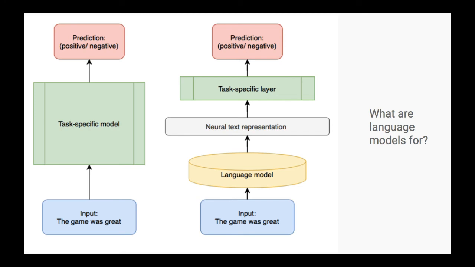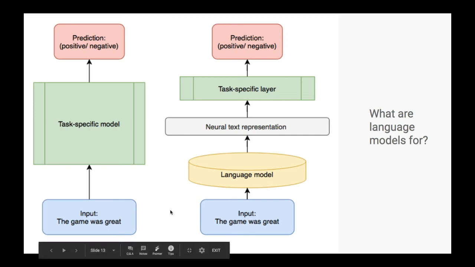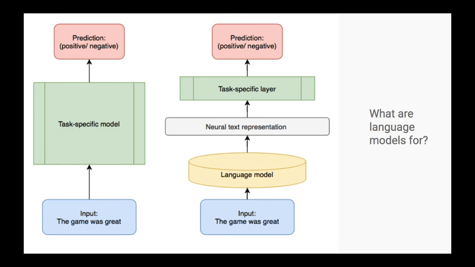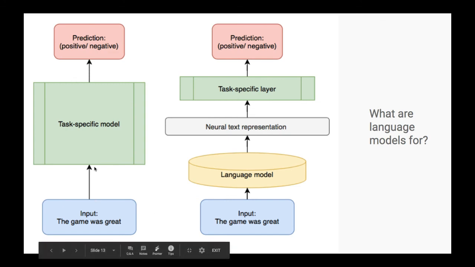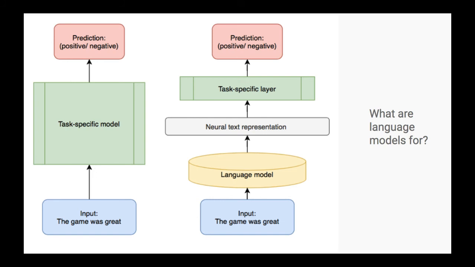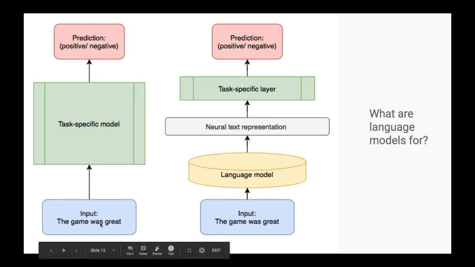So for example, take sentiment analysis, which is to classify whether a given sentence has positive or negative sentiment. In the traditional way, if you want to build your model from scratch without using a language model, you build a task-specific model, either a neural network or some other traditional machine learning model. It takes the input and predicts the output.